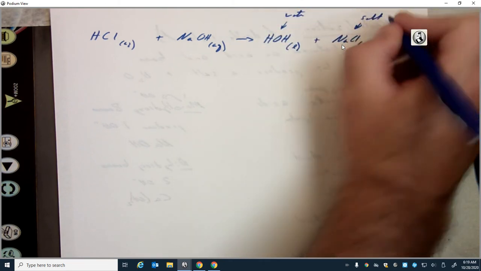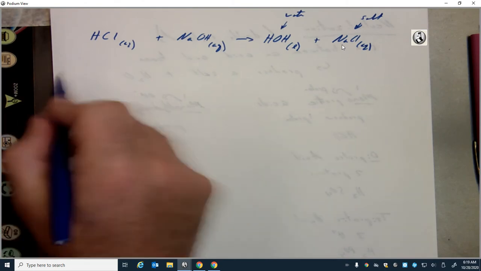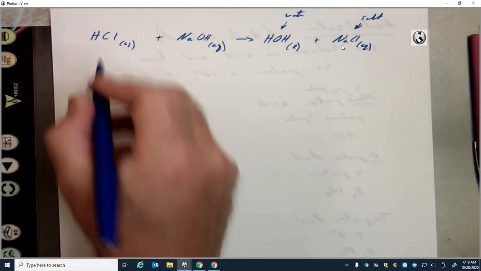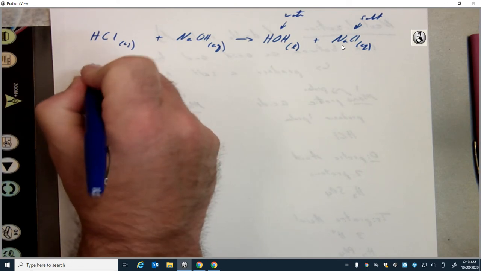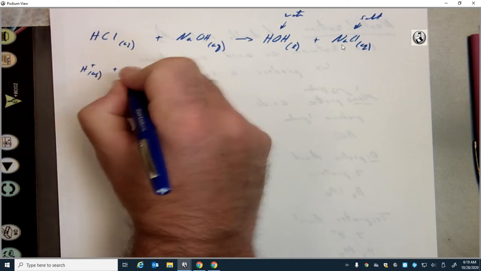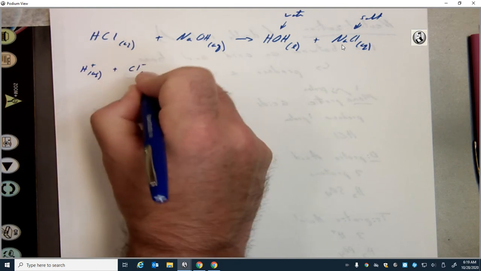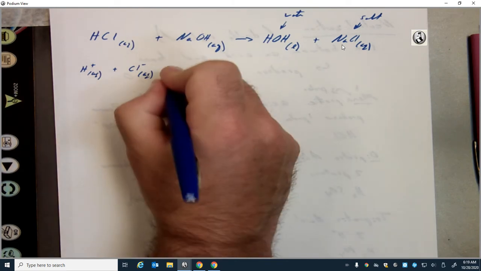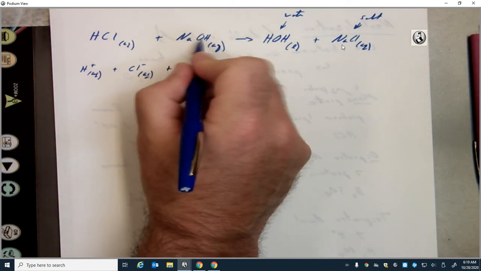Now let's break that down. Right? This is an aqueous. So really this is H plus aqueous plus Cl minus aqueous, right? Because that's what it is in solution. This is also an aqueous. This breaks apart.